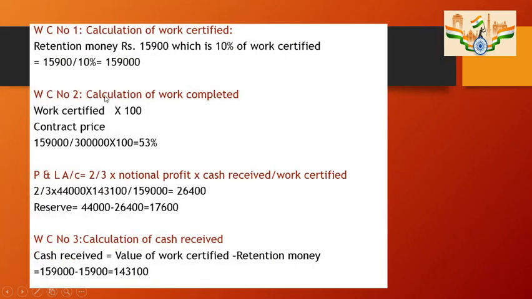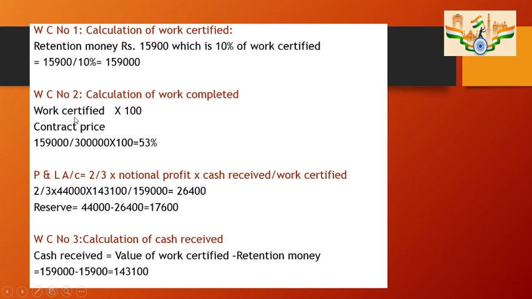So here working note number 2, calculation of work completed. Because why are you calculating the work completion percentage? Because you have to transfer the profit from the notional profit and also to reserve. So here work completion, how are you calculating?